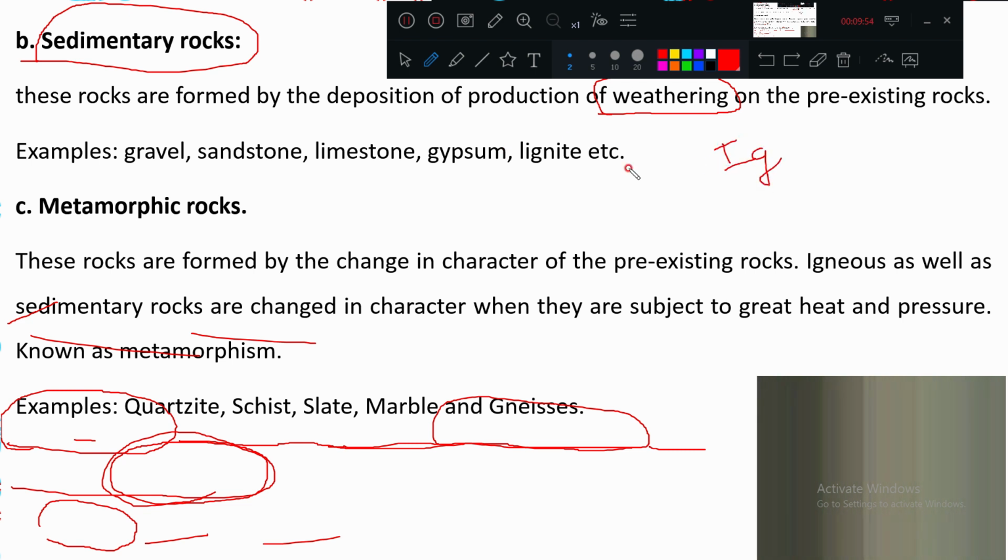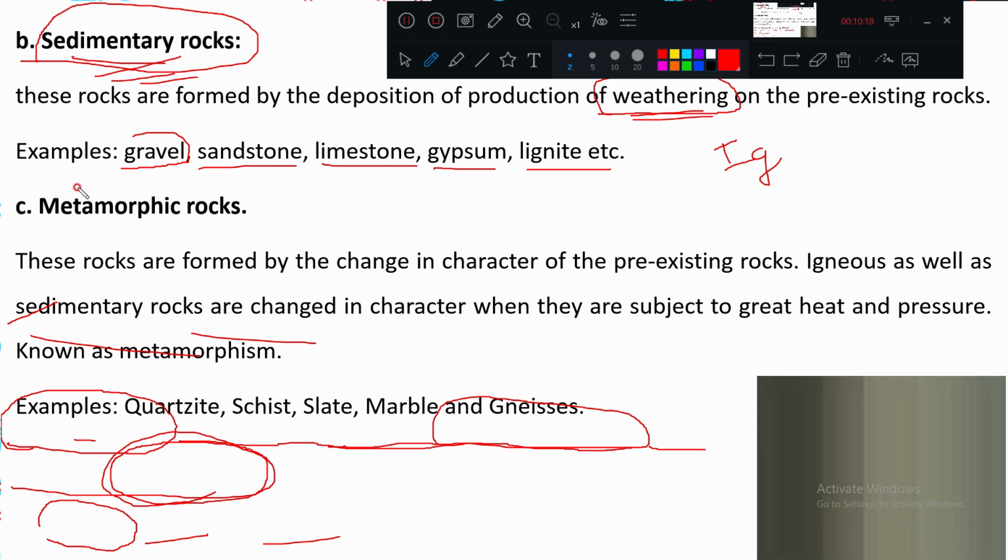Those igneous rocks are weathered and converted into sedimentary rocks. Examples of sedimentary rocks are gravel, sandstone, limestone, gypsum, lignite.